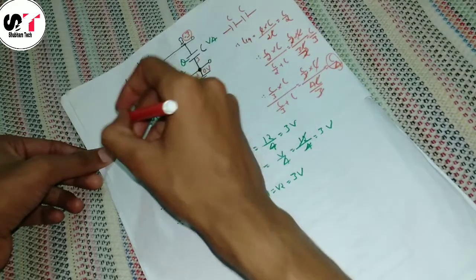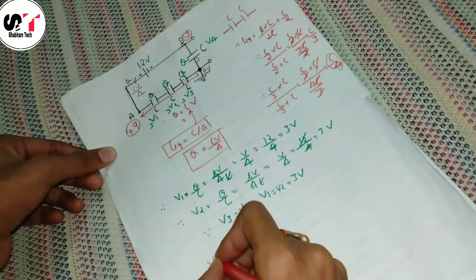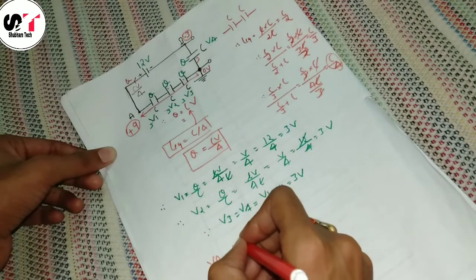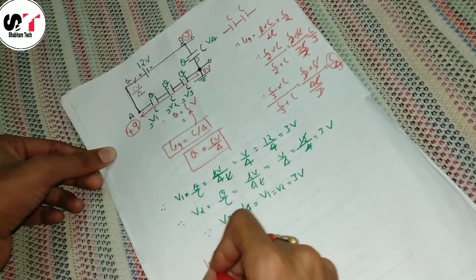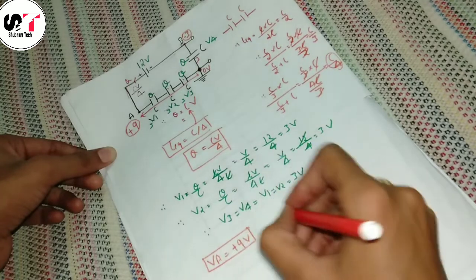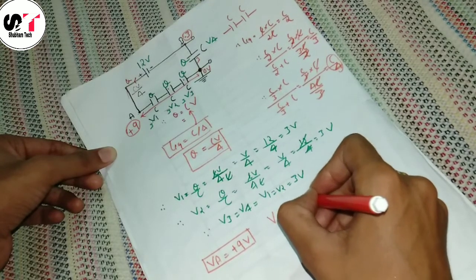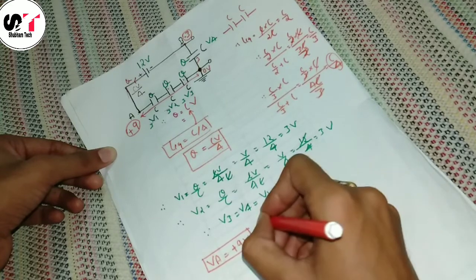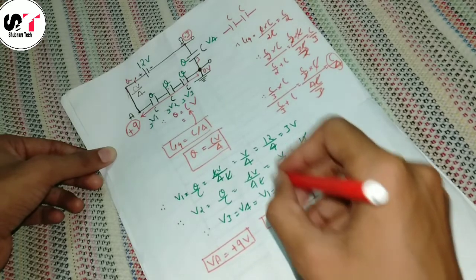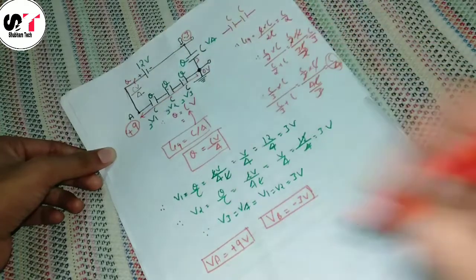So the potential of point A is plus 9 volt, while the potential of point B is minus 3 volt.